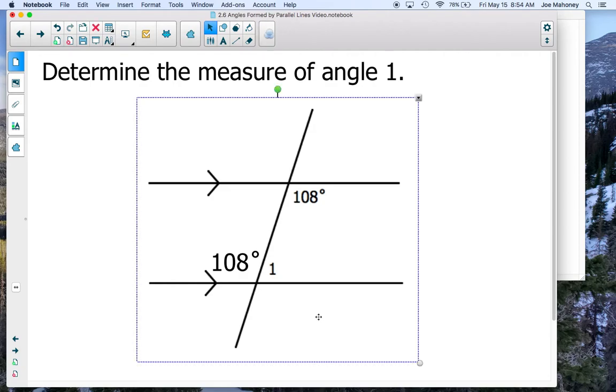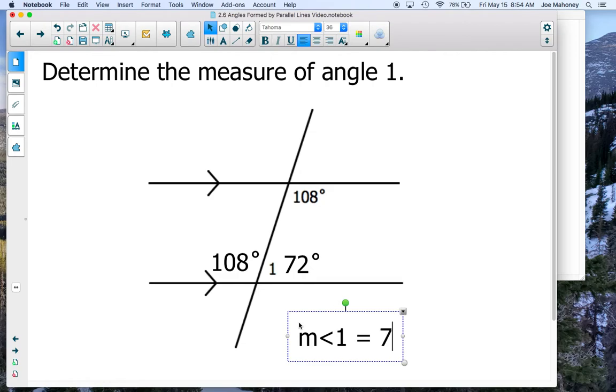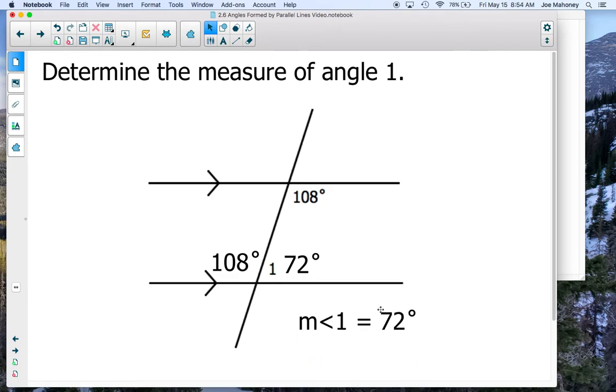So that's going to make angle 1 be 72 degrees. So the measure of angle 1 equals 72 degrees. How cool is that? Now, I'm going to think a little bit about this because 72, 108, those are cool numbers. You notice anything about those numbers?